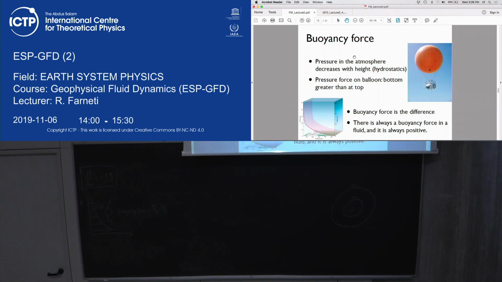So there's always a buoyancy force in every fluid, and it's always positive because pressure at the bottom is larger than pressure at the top.